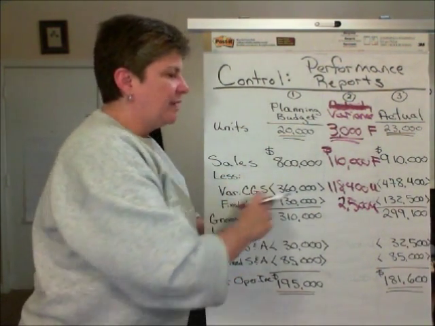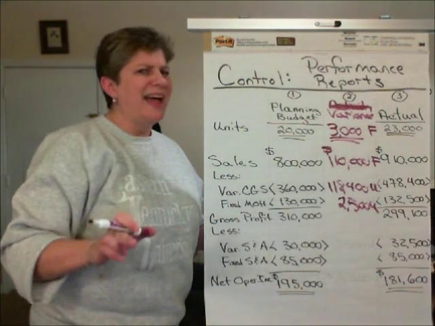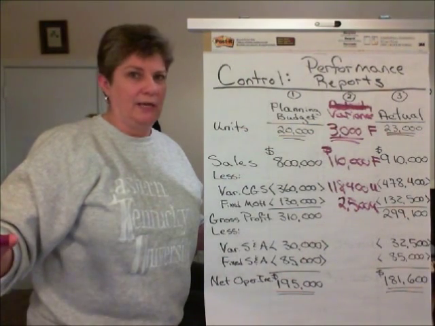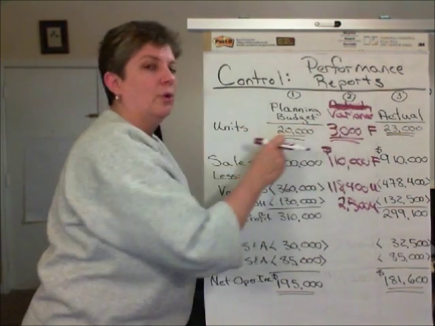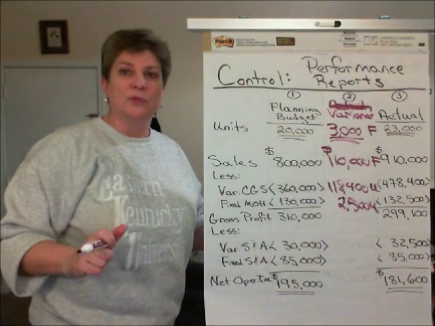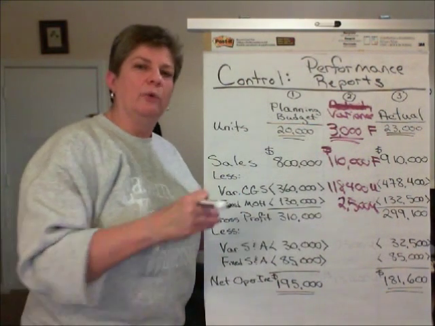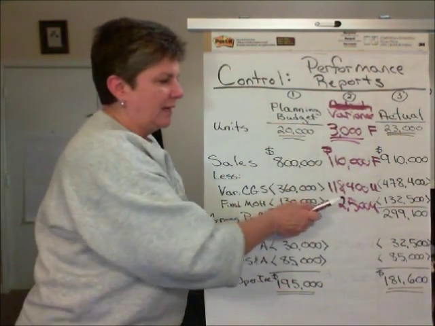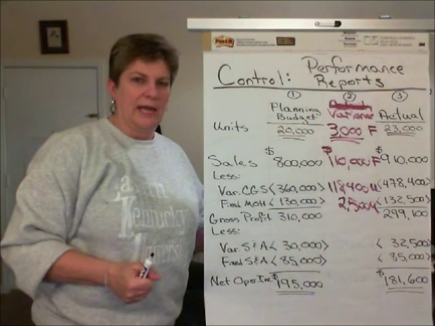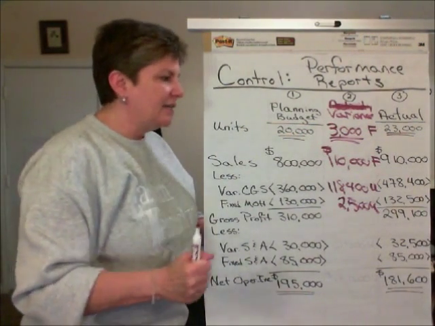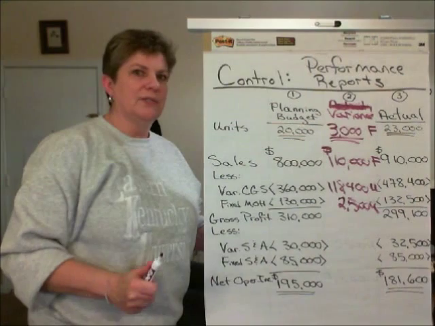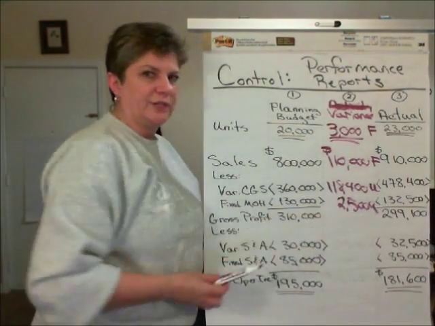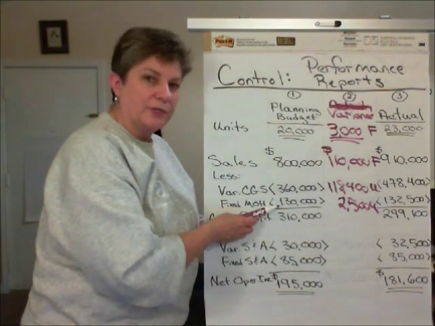And with fixed overhead, that total should not have changed as activity changed, as long as we were in the relevant range for the resources, the capacity that we were purchasing with those fixed overhead dollars. So again, this one we probably ought to look at a bit more carefully, but in essence with this one we can say somebody spent more for fixed overhead cost than was planned.